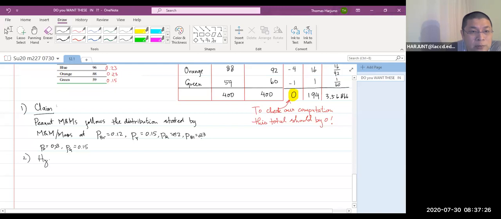Hypothesis. The null hypothesis: P brown is 12%, P yellow is 15%, proportion for red is 12%, proportion for blue is 23%, proportion for orange is 23%, proportion for green is 15%.